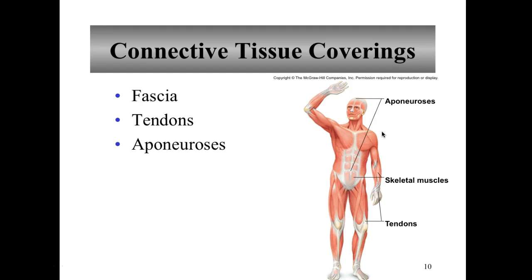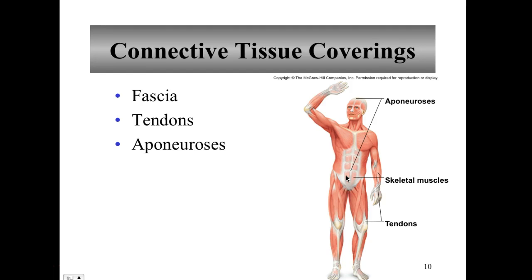Connective tissue coverings include these three components. We do have tendons. You could see the tendons there in the diagram. You see aponeuroses, which are indicated there as well. And then you have the fascia.